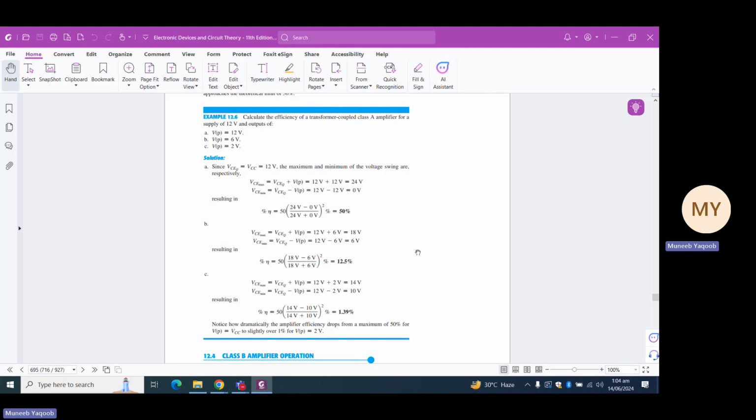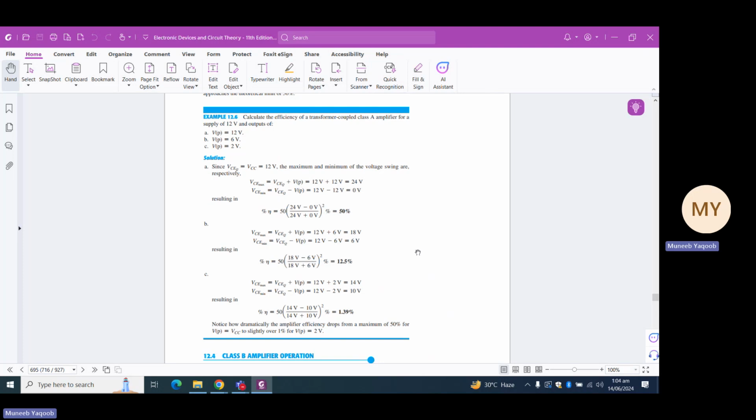But the problem is transformer is a bit expensive item. No doubt it is very accurate. It is almost lossless. It has a very high efficiency. But since the transformer is an expensive equipment, it might not be possible for us to use a class A transformer coupled power amplifier everywhere.